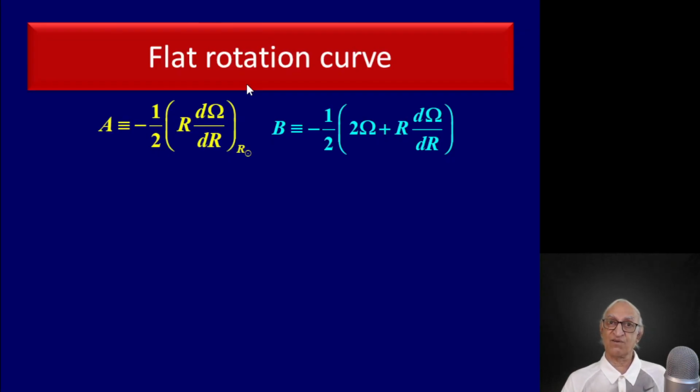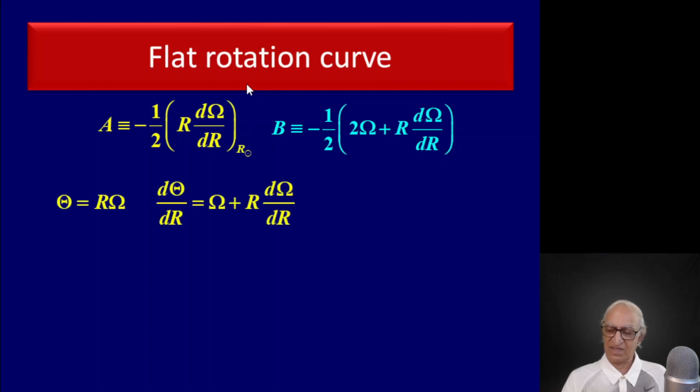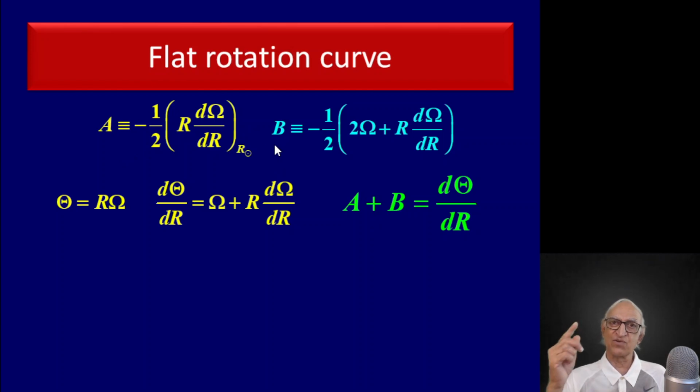Now, we should have anticipated this. Let us revisit Oort's constants, A and B. That's the definition of Oort's constants. Now notice, I said that A minus B will give you the circular velocity of the solar neighborhood. We deduce from that it is 220 kilometers per second.